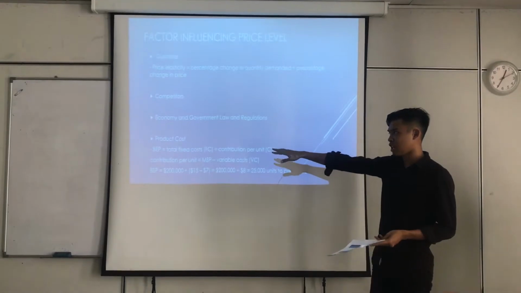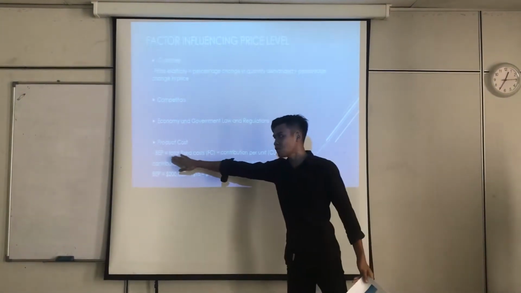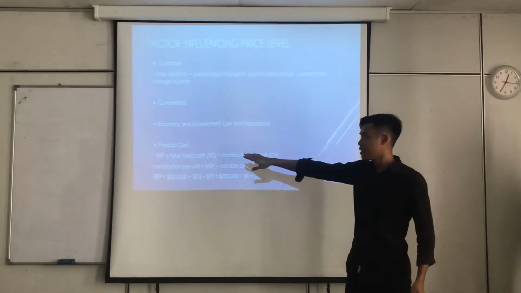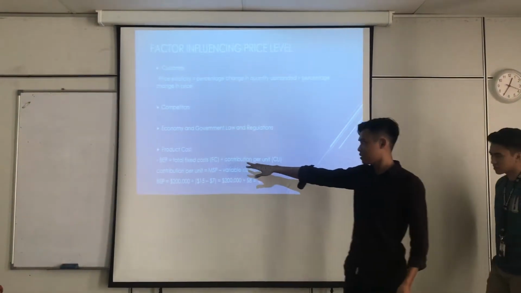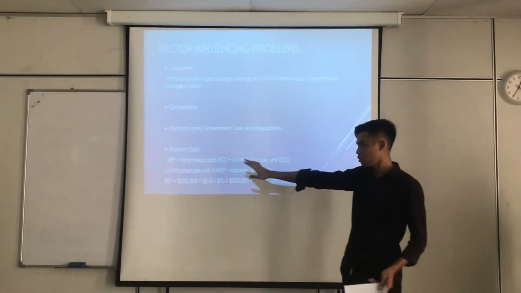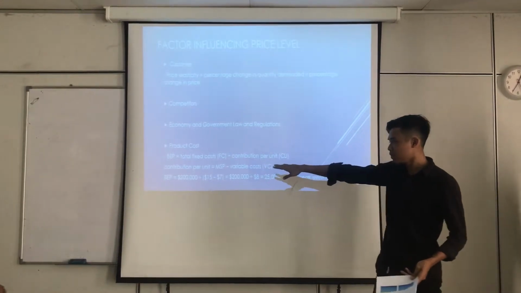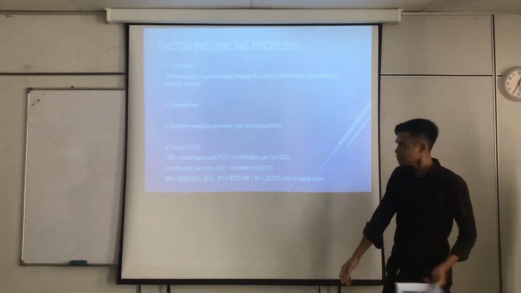So for the calculation for the product cost, BEP stands for break even price. Total fixed cost divided by the contribution per unit, so price minus the variable cost. Next.